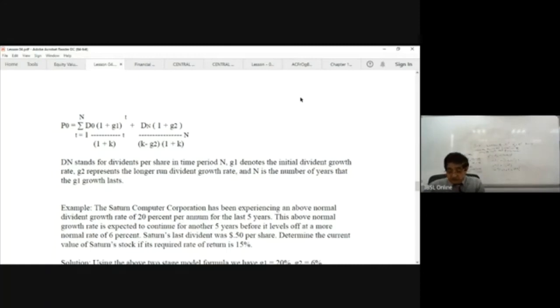The initial growth rate is a very high growth rate, higher than the required rate of return. And the second level growth rate is more normal and lower, lower than the required rate of return. So that is how we do it. Anyway, now we will see how we can do it by looking at the example here.